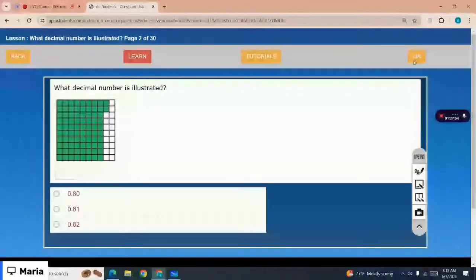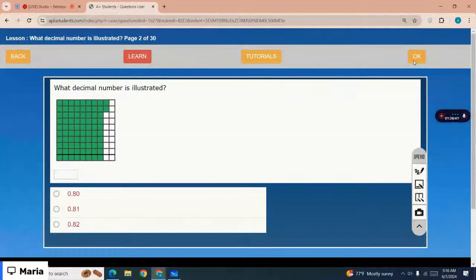What decimal number is illustrated? That is 82 of them.